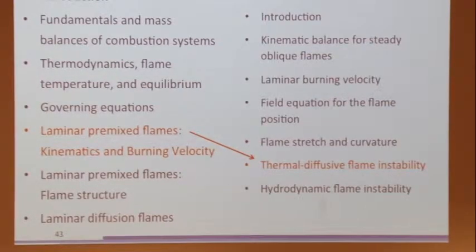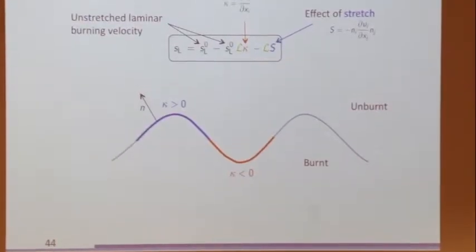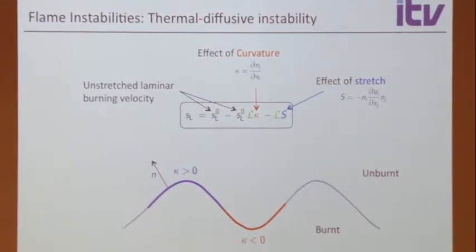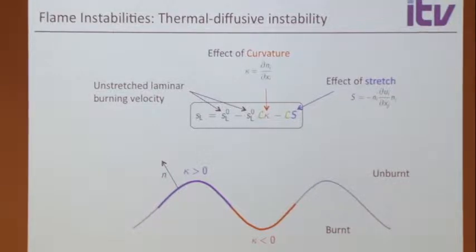Okay, so then let's talk about these instabilities real quick. There are two main instabilities, the thermodiffusive instability and the hydrodynamic instability. The thermodiffusive instability, I explained it already earlier. Let's say you have a flame like this, this is unburned and this is burned. Then this would be a positive curvature, and this is a negative curvature.